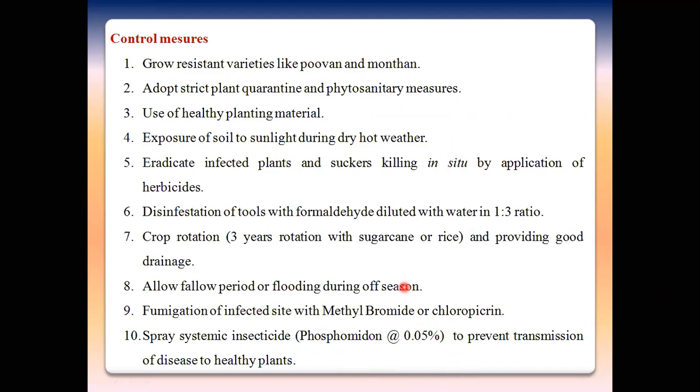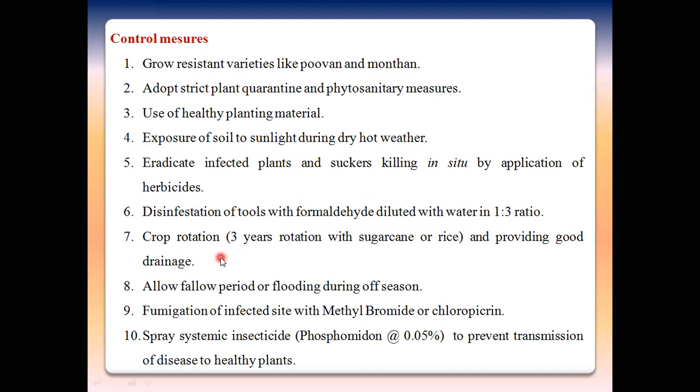Then control measures. First, eradicate the infected plants and suckers, killing them in situ by application of herbicides. Regularly cut the suckers seen on the mother plants, and disinfest agricultural tools with formaldehyde, using a 1:3 ratio of soap solution, or formaldehyde solutions.